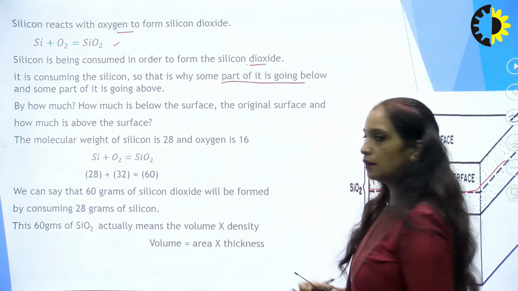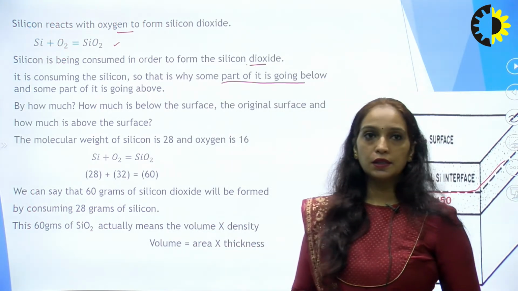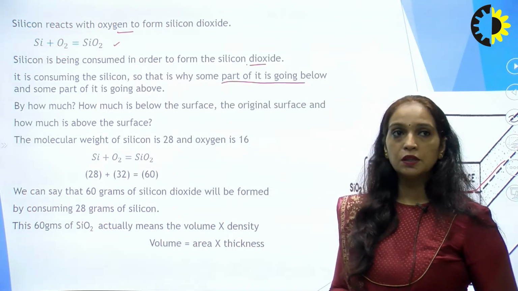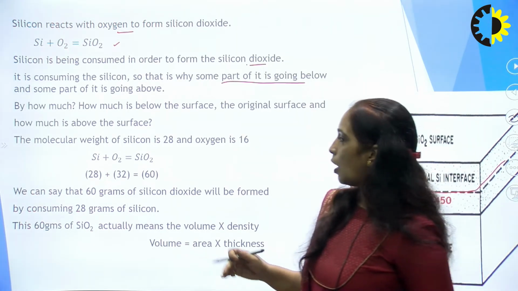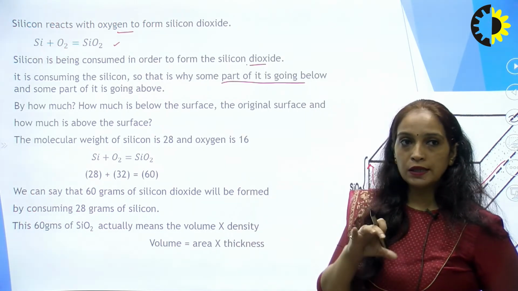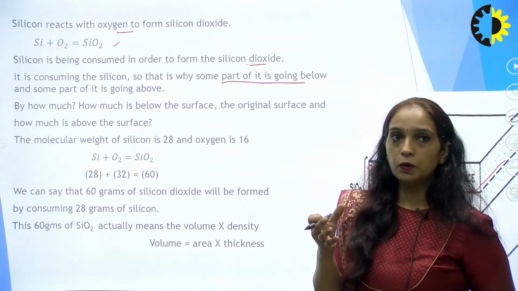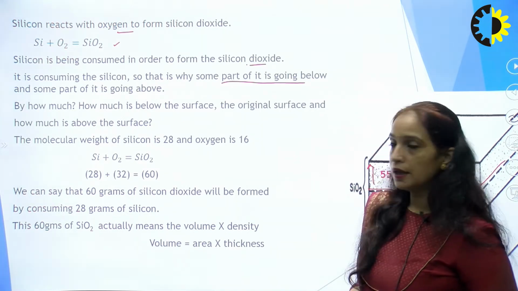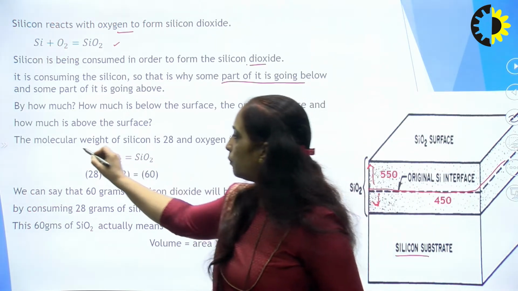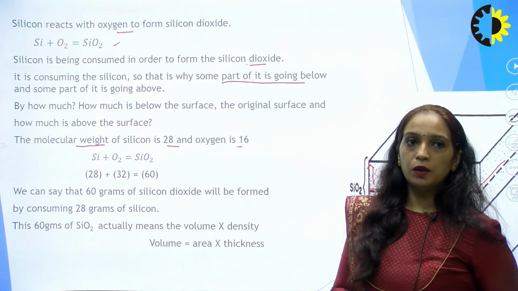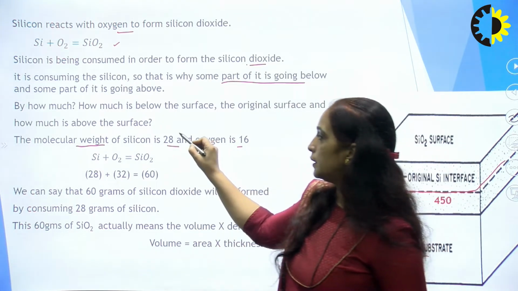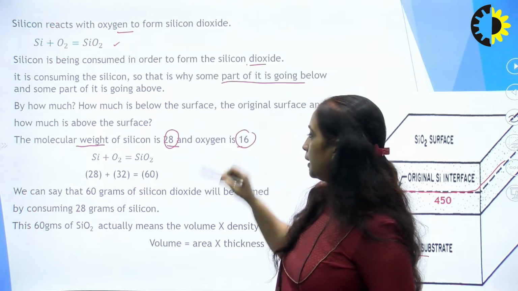To grow the SiO2 layer, the process consumes silicon from the silicon substrate itself. How much is grown inside the substrate and how much outside will be calculated with the help of the molecular weights of silicon and oxygen. We know that the molecular weight of silicon is 28 and oxygen is 16.